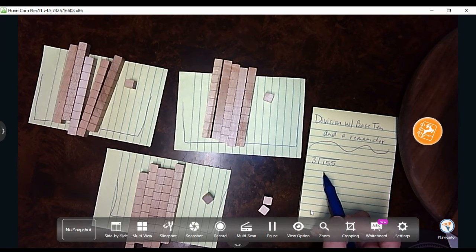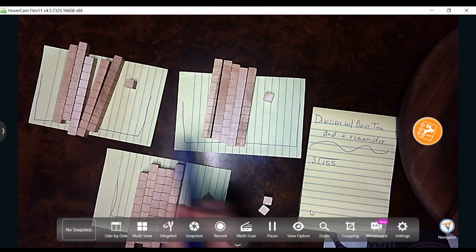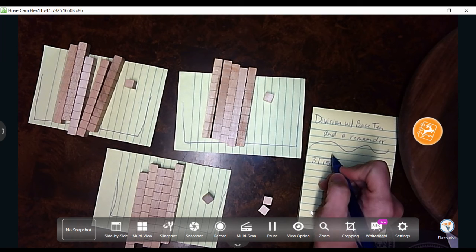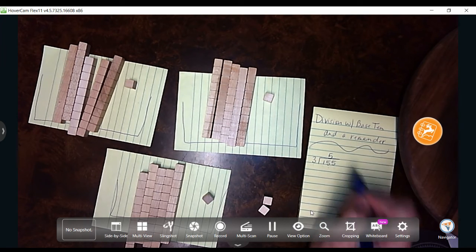Let's look at this algorithm. This is what you'll eventually build up to, but we want to understand what we're doing here with our equal groups before we start this. So we determined that I could not divide 100 into 3 equal groups. So when we looked at this as 15 tens, or 150, we could divide 15 tens or 150 into 3 equal groups, and we did that by putting 50 in each group.